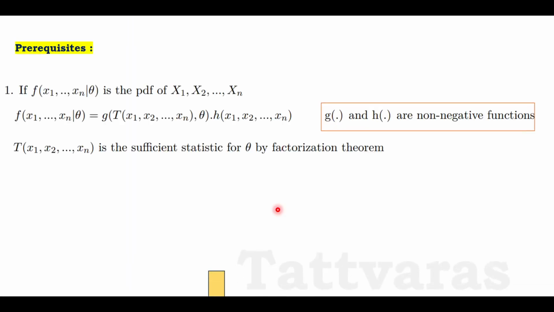So from the prerequisites, the first thing that we want to mention is that suppose f of x is a PDF or PMF of say unknown parameter theta, which includes the unknown parameter theta, and you have a sample say x1, x2, xn.